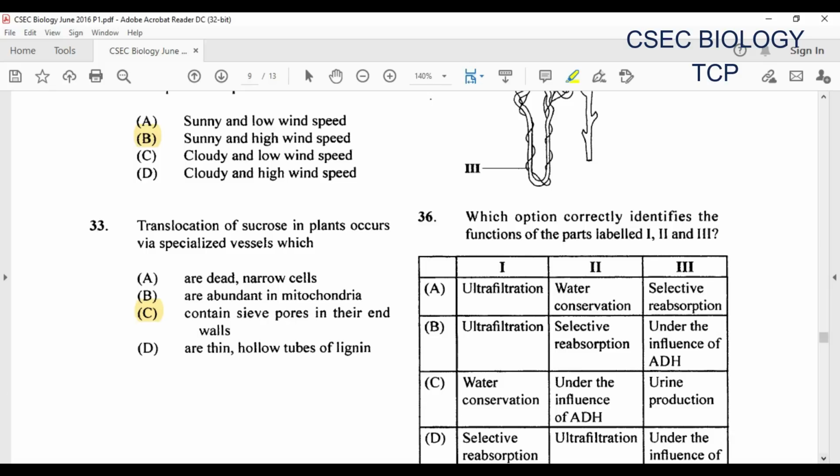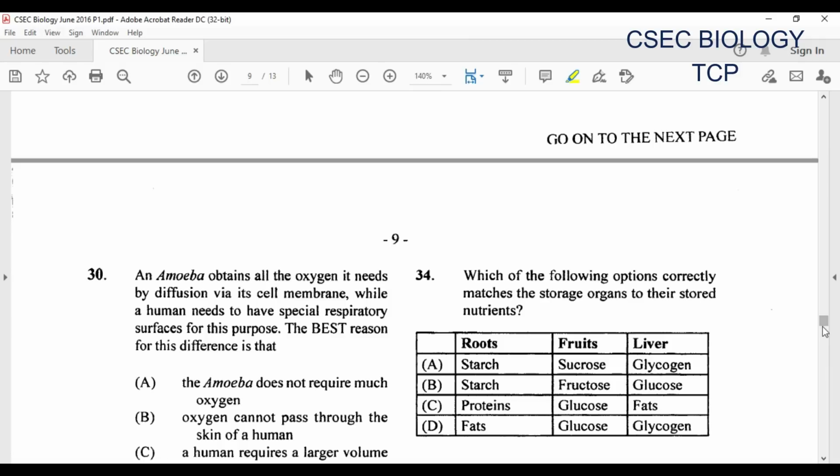So we move to question 34. Which of the following options correctly matches the storage organ to their stored nutrient? So we are looking here at the root, the fruit, and the liver.